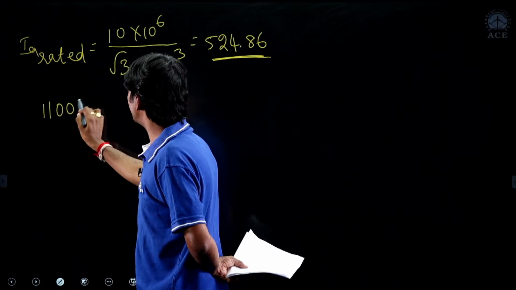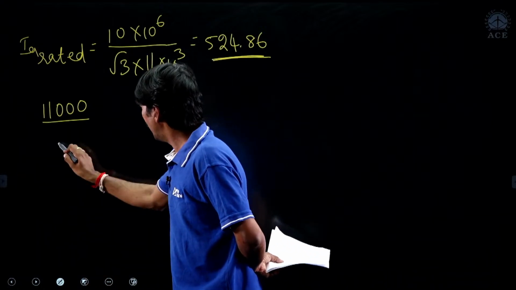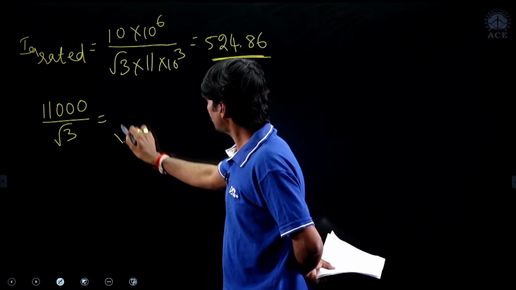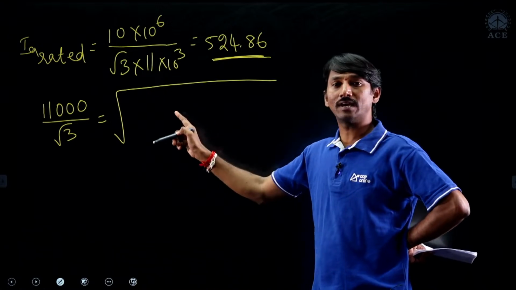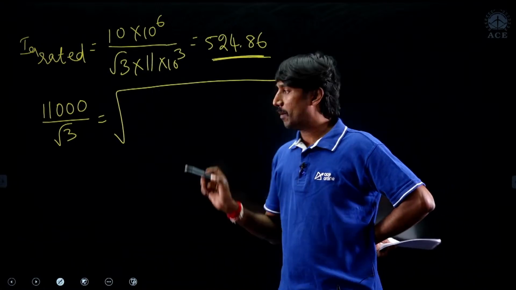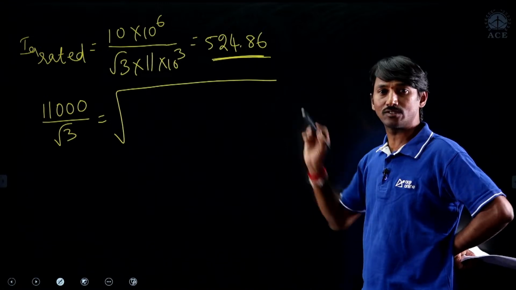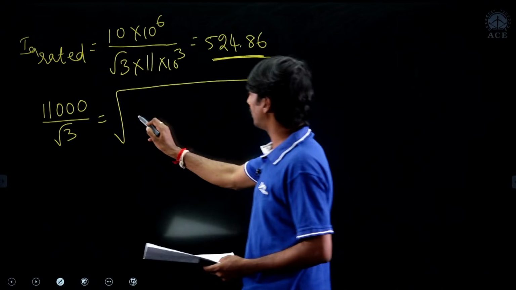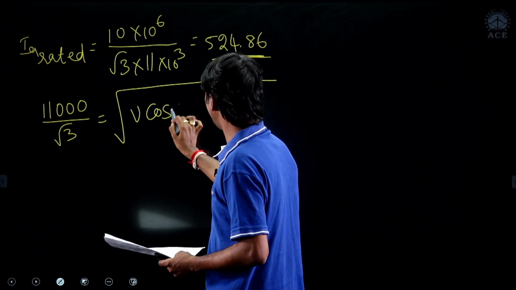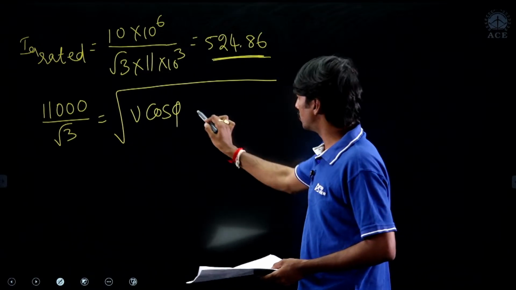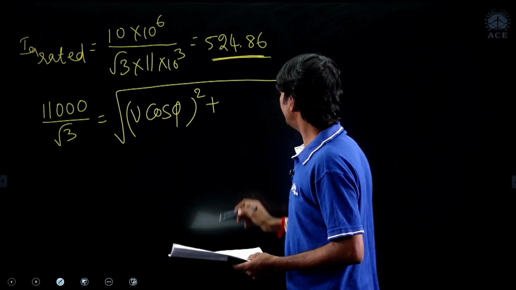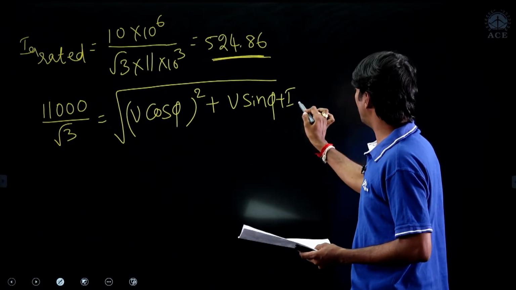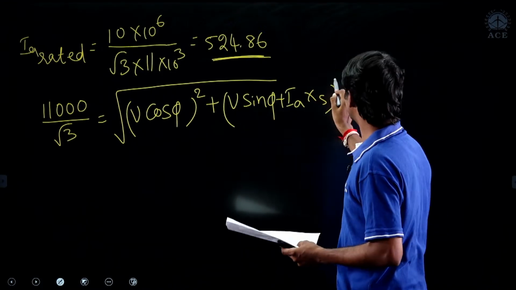After that, we have one formula. 11 kV is the line voltage, so I am converting that into phase. What is the formula? E equals root of (Vt cos phi plus Ia RA) whole square plus (Vt sin phi plus Ia XS) whole square. But in this, RA is not given, so we can write directly V cos phi, and then V sin phi plus IA XS whole square.